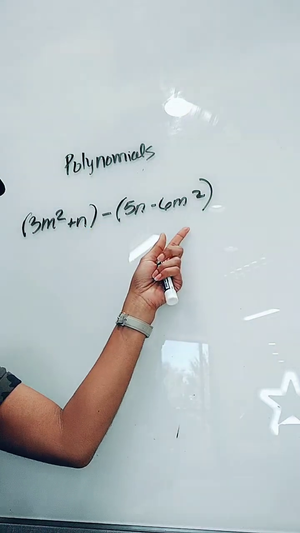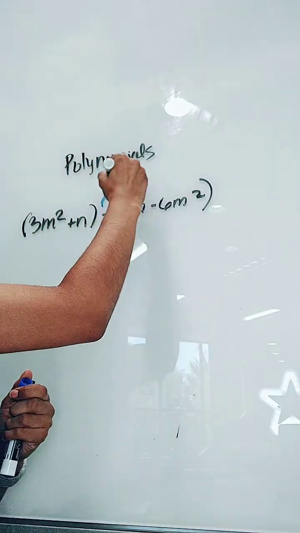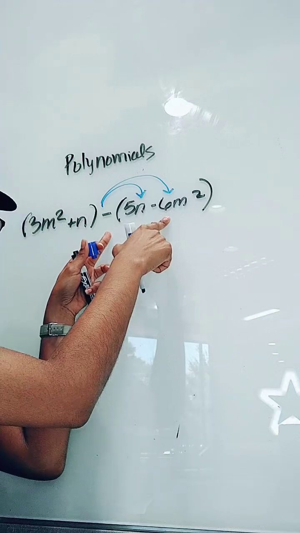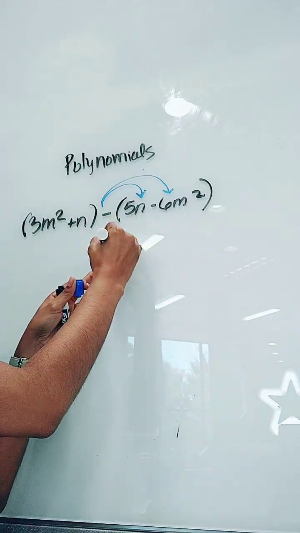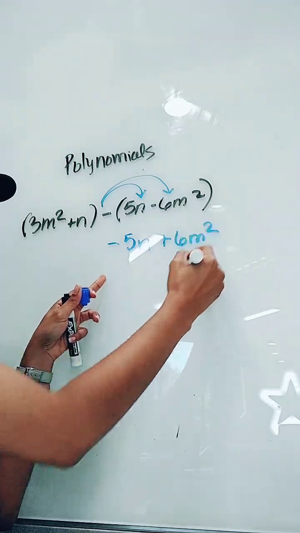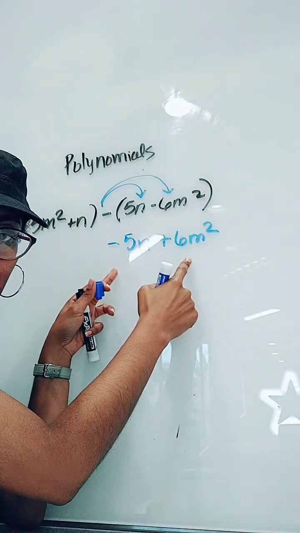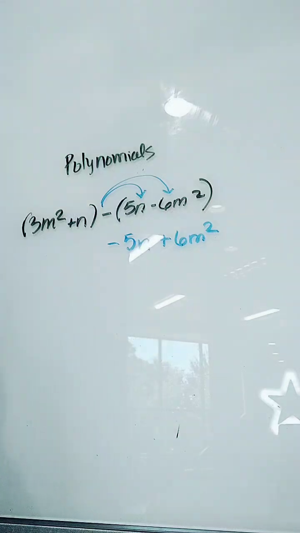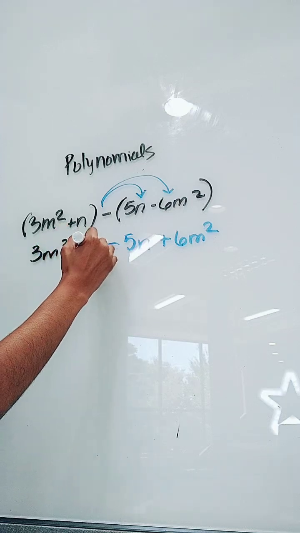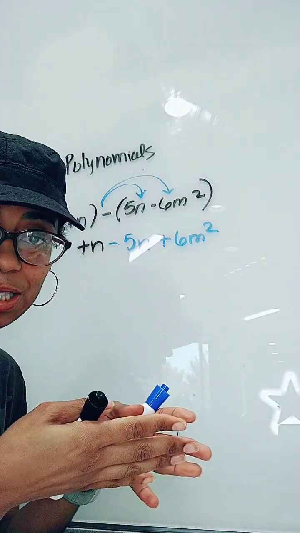Whenever you subtract, remember you have to distribute the negative to everything inside the second set of parentheses. So now this is going to become minus 5n plus 6m squared. Okay, so all you're doing is changing the signs. That's all you're doing is changing the signs. And then everything in this first set of parentheses is just going to come out. Last thing we have to do is combine like terms.